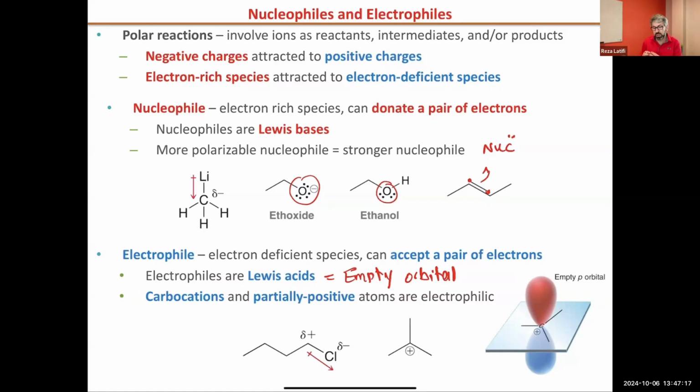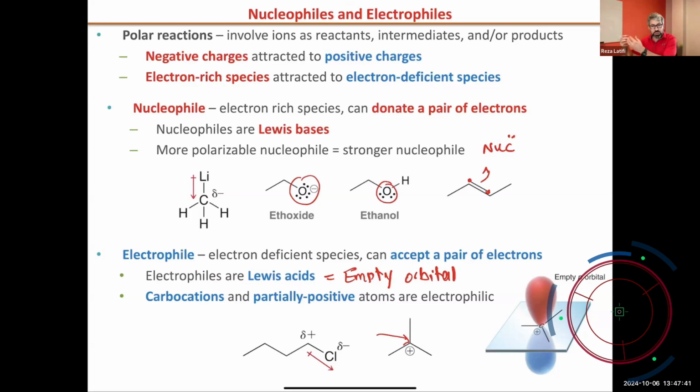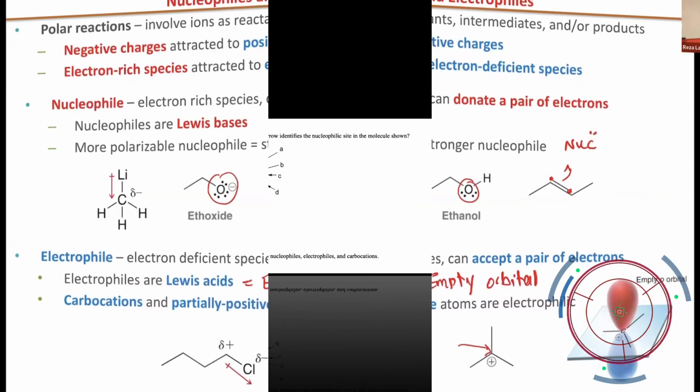They hate each other. If you can spread those electrons over a larger area, that will be more stable. We can find that larger area inside a species with an empty orbital. So if I attack this carbon and share electrons with it, because I spread the electrons over carbon as well, the system will be more stable.